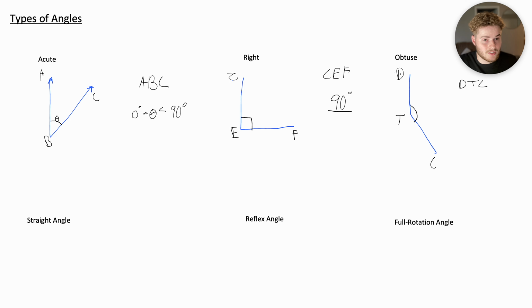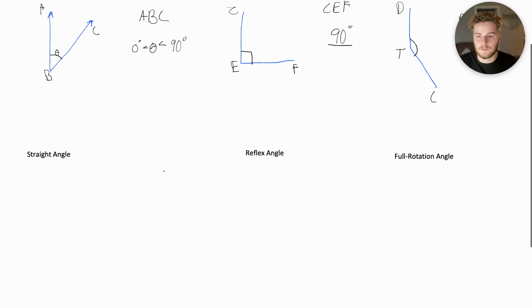The only important thing is that you go from one end to the other, from C all the way to D, or D all the way to C, it doesn't matter. An obtuse angle falls between 90 degrees and 180 degrees. Anywhere in that range counts as an obtuse angle, and you don't have to worry about it as long as it falls in there.